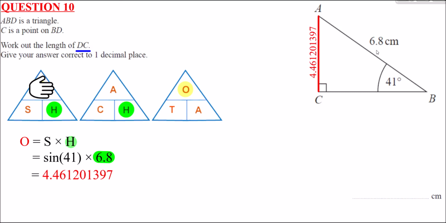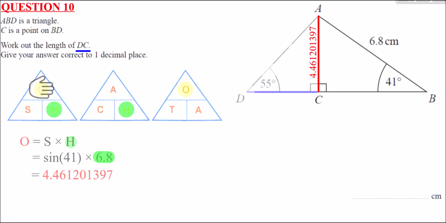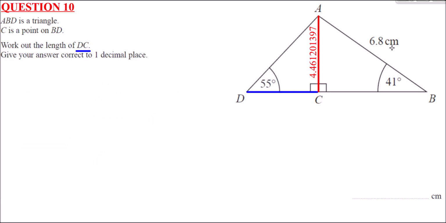Forget now this triangle and return to the one on the left, which includes DC, which is what we're ultimately interested in. So now, if I just forget about this other triangle, cover it up like so, now we've got another SOHCAHTOA type question to work out.